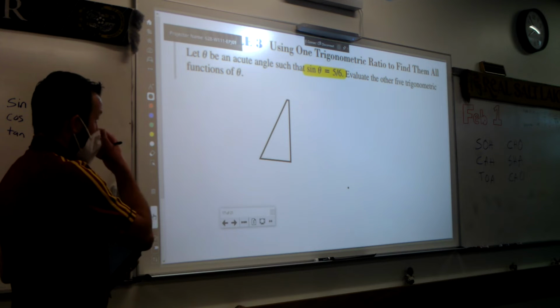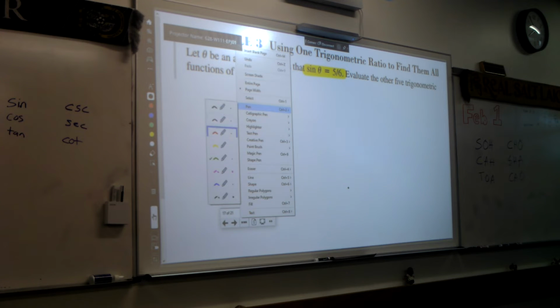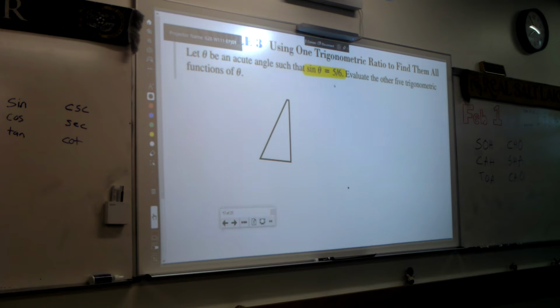Yeah, sine is opposite over hypotenuse, so if it's 5/6, we got 2 of our sides. So I'm going to write this out. So if sine of theta is 5/6, well, that 5 is going to be my opposite, and 6 is going to be my hypotenuse. So not the greatest triangle, but there's a triangle.